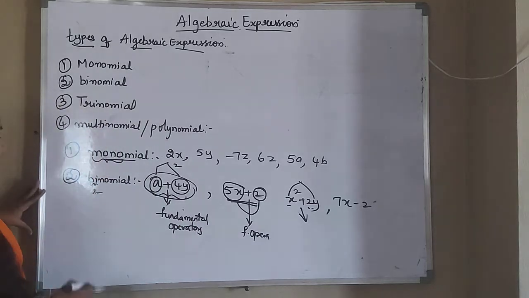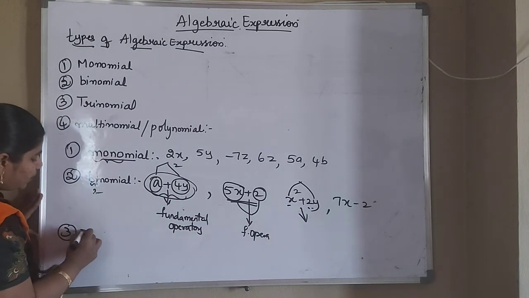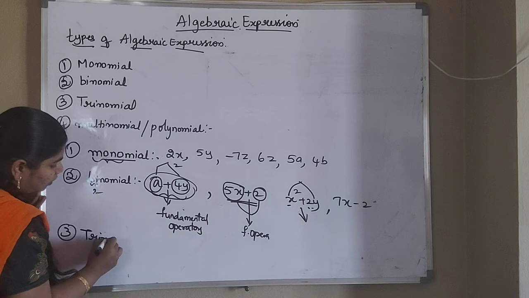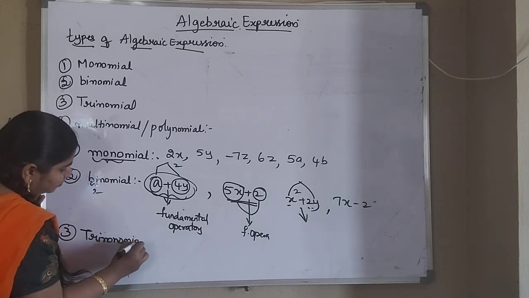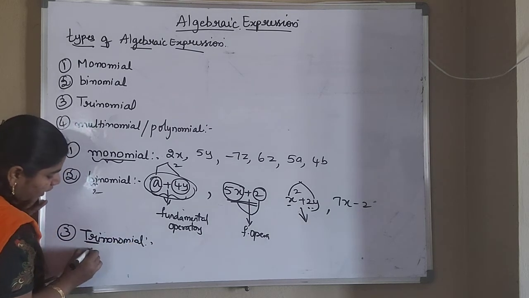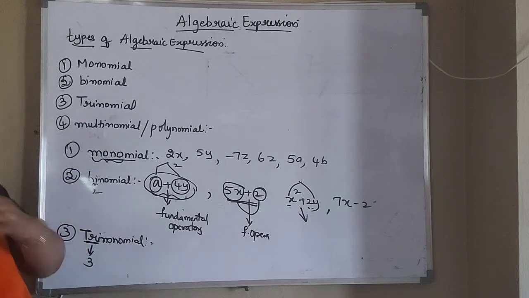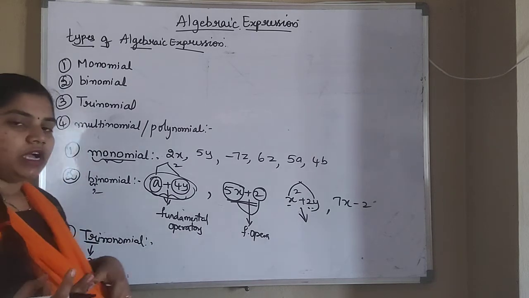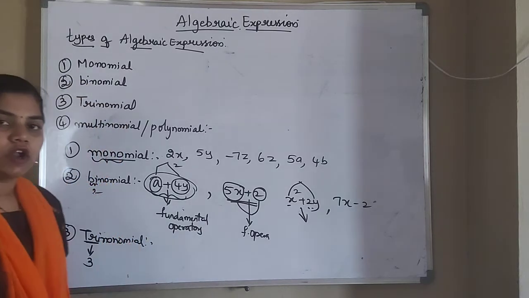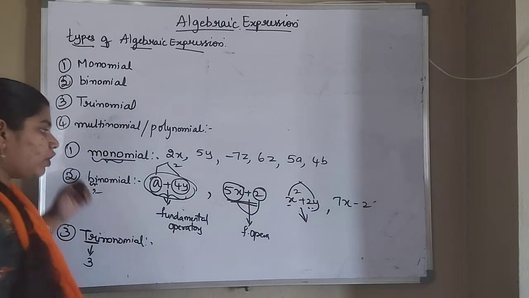Next one is trinomial. So what do you mean by trinomial? Tri is nothing but 3. So in a trinomial, you will be seeing three terms together. Three terms combined with a fundamental operation, we will call it a trinomial.